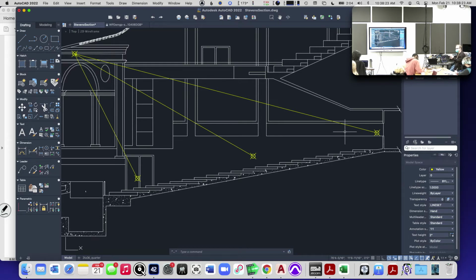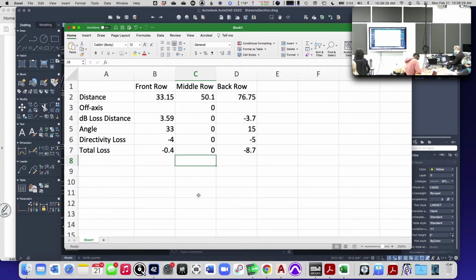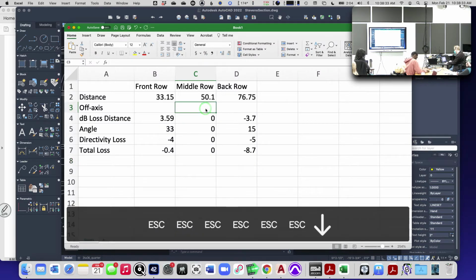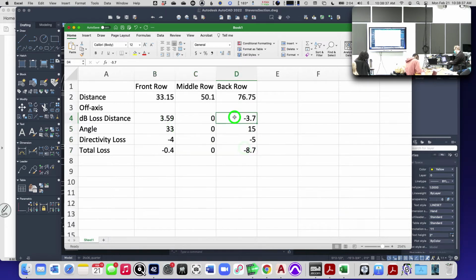Why would you point it towards the back? Well, let's see. I'm going to delete all of this because none of it matters anymore, because we're going to do something different.